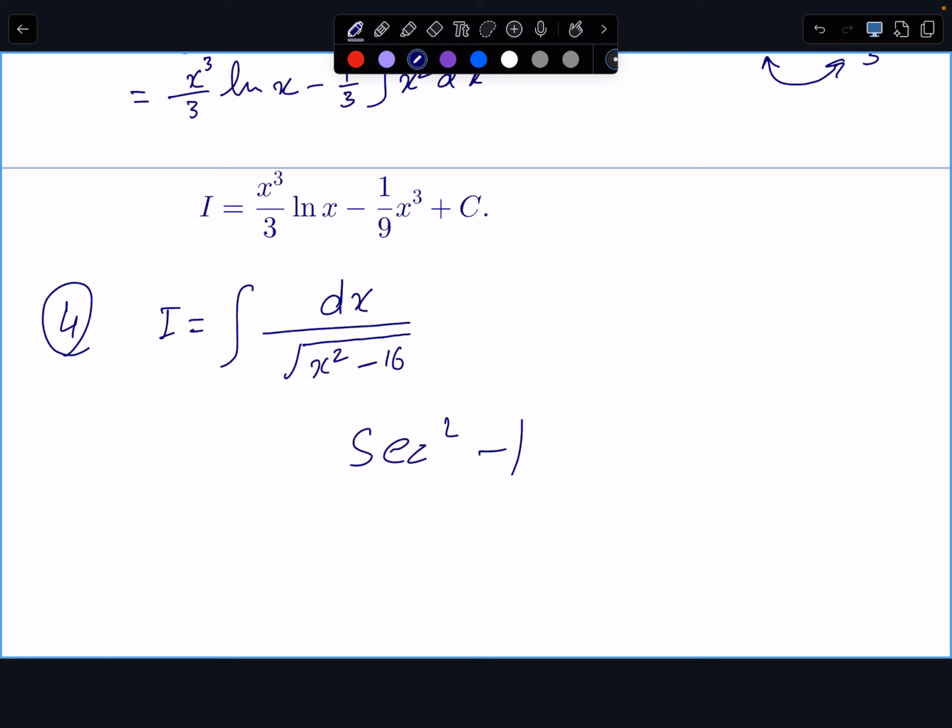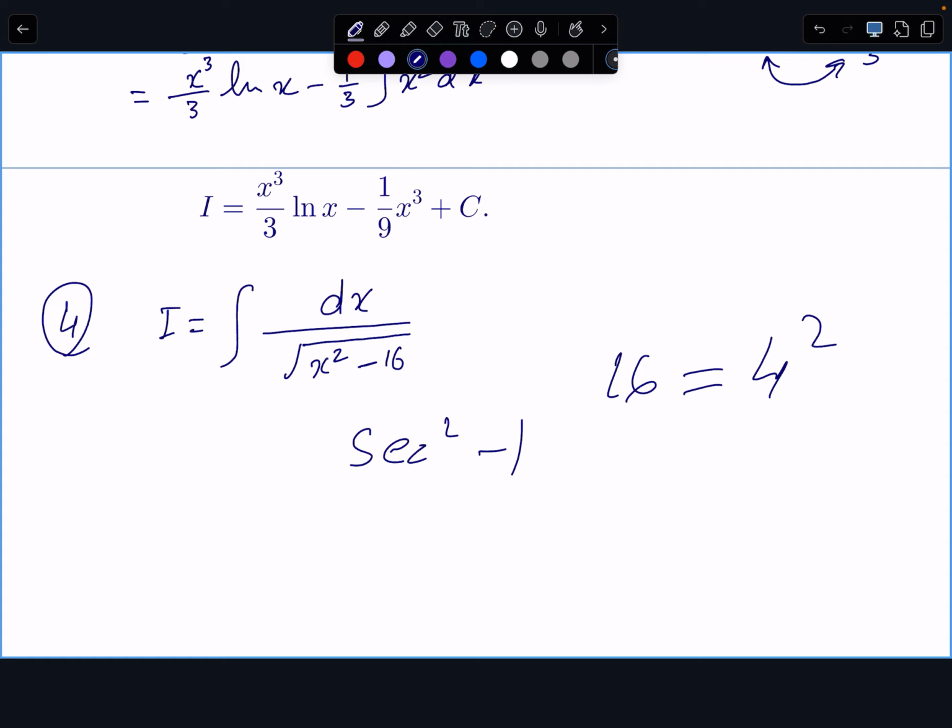I'm giving you a hint, guys. Secant, because we need to make secant squared minus 1. Of course, it's not going to be just secant, it's going to be 4 secant, because we have 16. 16 is 4 squared. Therefore, we have to write 4 secant.